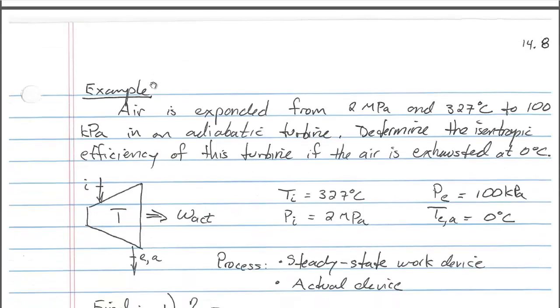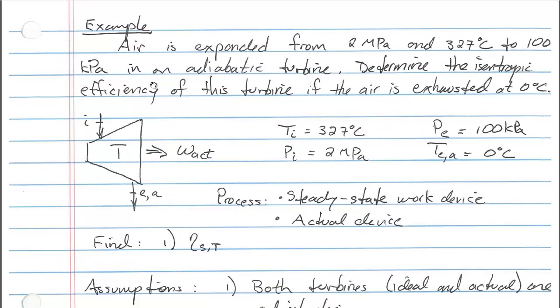Okay, so let's go ahead and set this analysis up. I've rewritten the problem statement up here, and we have our turbine with an inlet state. It's an actual turbine, so it's producing actual work, and we have our actual exit state, E comma A. I write down our inlet state information: Ti is equal to 327 degrees Celsius, Pi is equal to 2 megapascals, our exit state pressure is 100 kPa, and our actual exit state temperature is 0 degrees C. And of course we make some statements about our process.